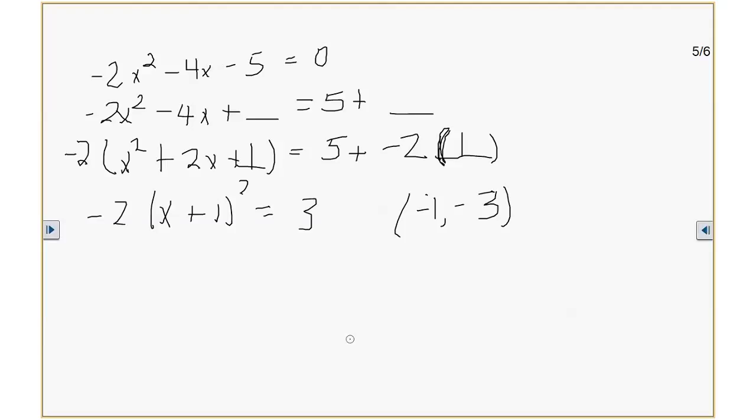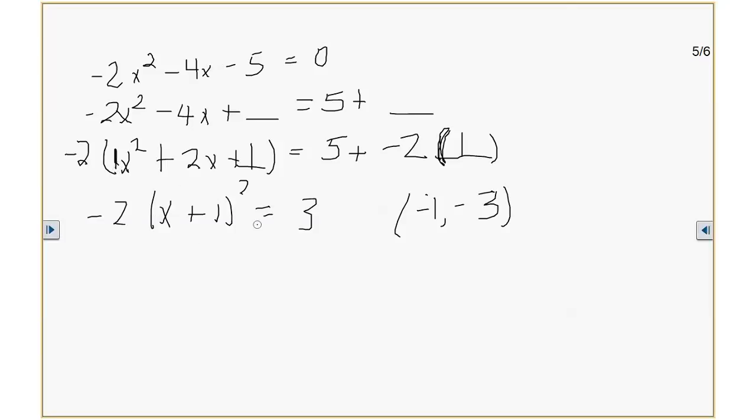Wait, it's x squared plus 2x, minus 2, is it not? Because -4 divided by -2 is +2. But aren't you supposed to take half of that and square it? I just did, right there. Half of 2 is 1, 1 squared is 1. So you brought the -2 out before you did that. You have to, because you can't complete the square unless this is what? A 1.